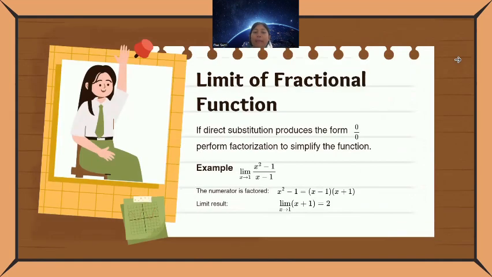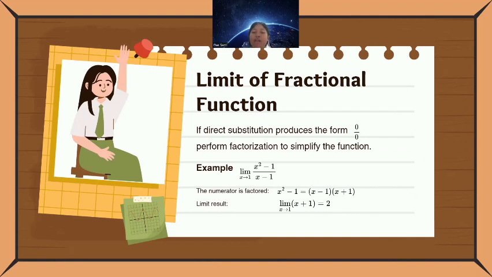Next, second method, fractional function. Sometimes direct substitution produces the form 0 over 0. This is an indeterminate form. In this situation, we need to simplify the function by factorization. For example, the limit as x approaches 1 of x squared minus 1 divided by x minus 1.